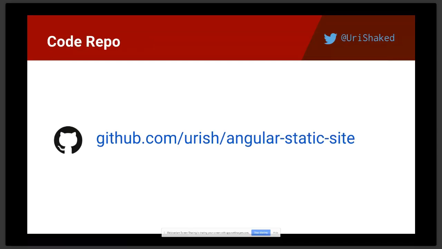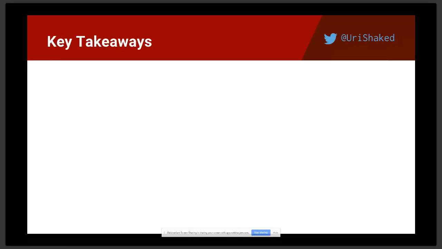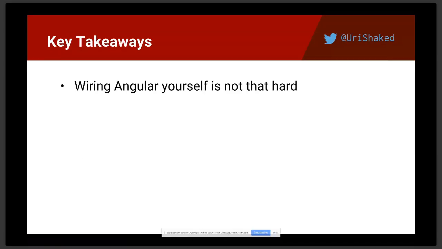And to summarize what we learned today. First of all, wiring Angular yourself is not that hard. I know that the CLI can do it for us, but I see a lot of value in understanding how everything is put together. So if you need something unusual, such as static build time rendering, it's actually doable.